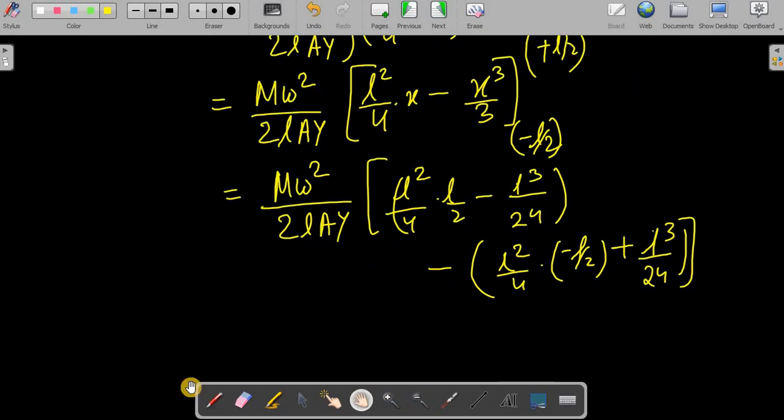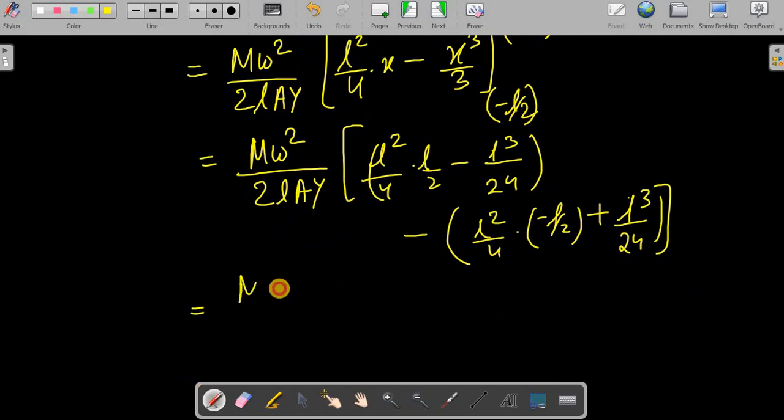Okay, so let's open this. So M omega squared by 2 A Y. Here both the terms will get added.